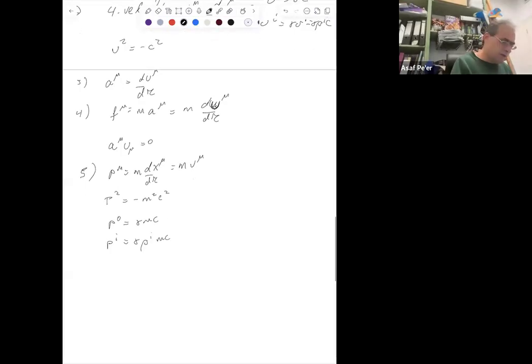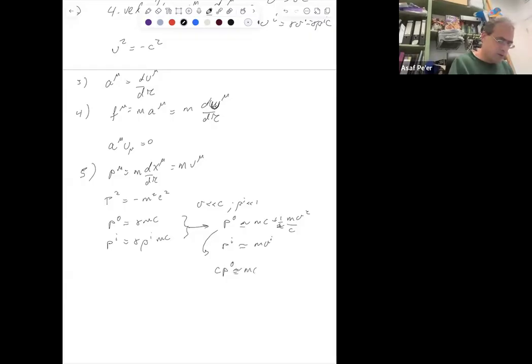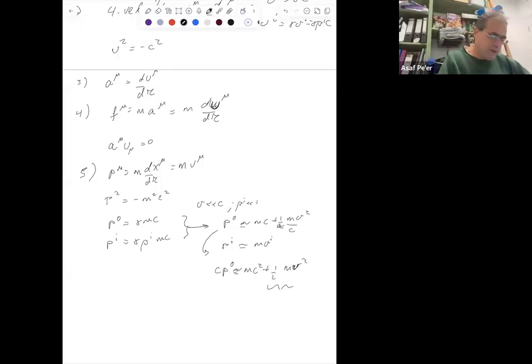Then we saw that in the limit where v is much smaller than c, that means beta i is much smaller than 1, we got that P0 is mc plus 1/2 m v squared over c, and Pi is just m vi. So here we just multiply by c, and we get that c P0 is mc squared plus 1/2 mv squared. And this was identified as the kinetic energy.